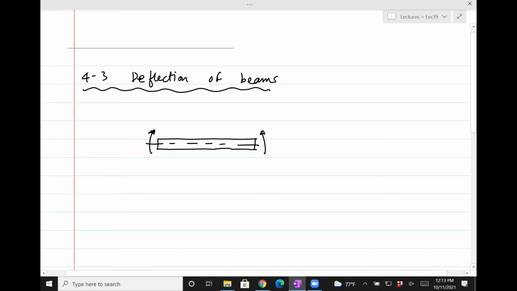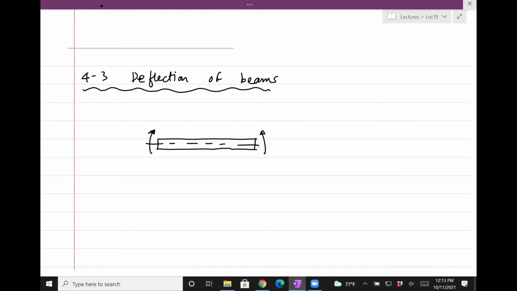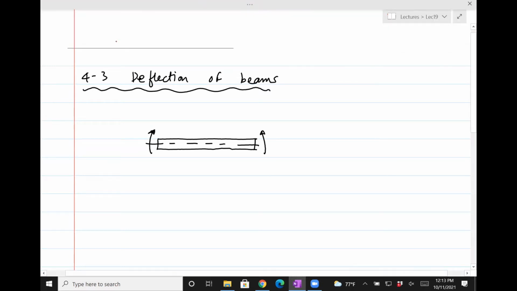I'm just going to put an M here, but it could be a concentrated load or a distributed load. And that M will cause the beam to deflect.